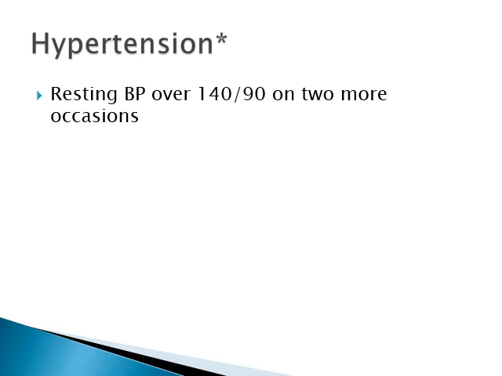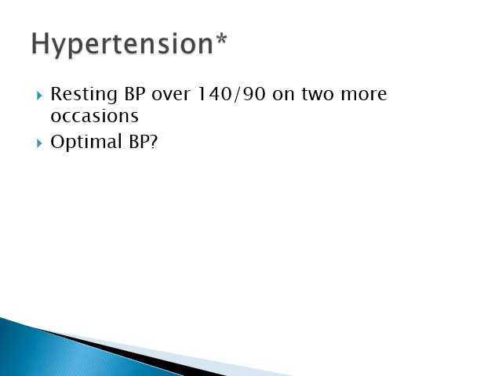Stage 2 hypertension is still considered greater than 140 over greater than 90. But what happened is they redefined the elevated and the stage 1 hypertension, which I talked to you about earlier.